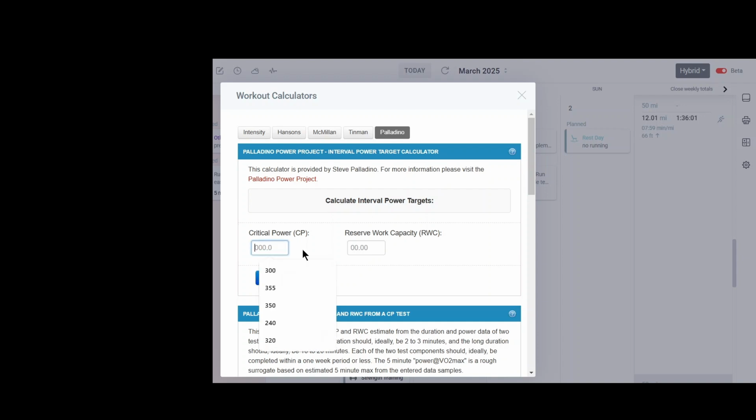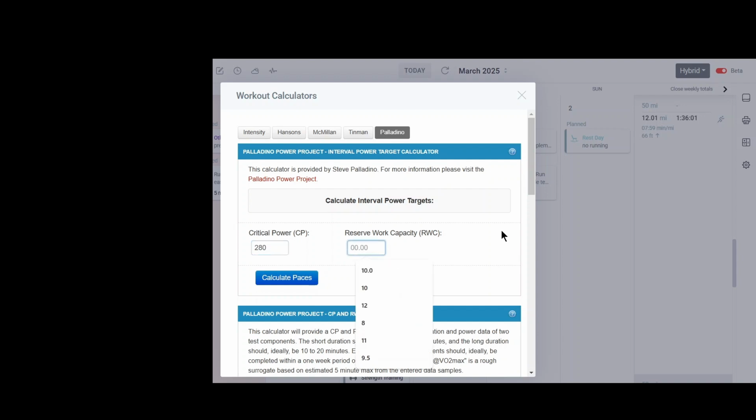So let's play around with it. Let's say we have a person with a 280 watt CP, and let's say their reserve work capacity is about 8.0 kilojoules.